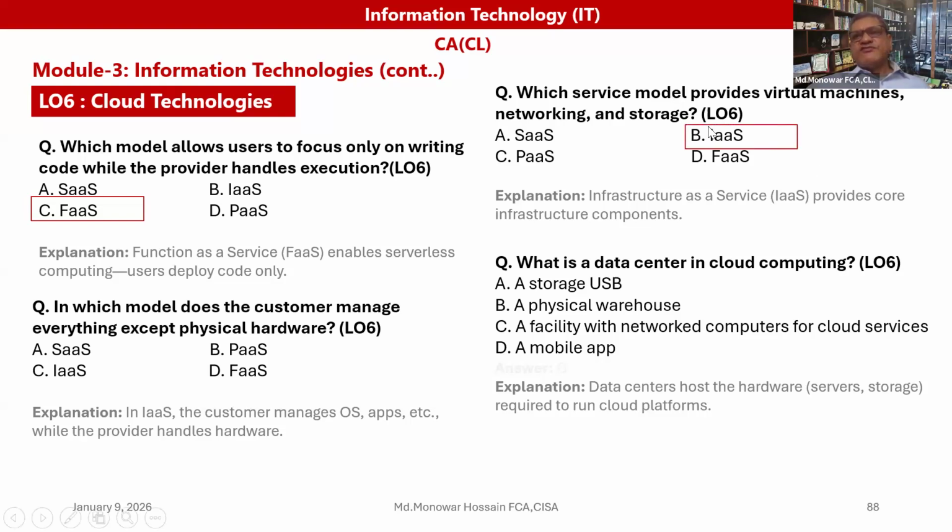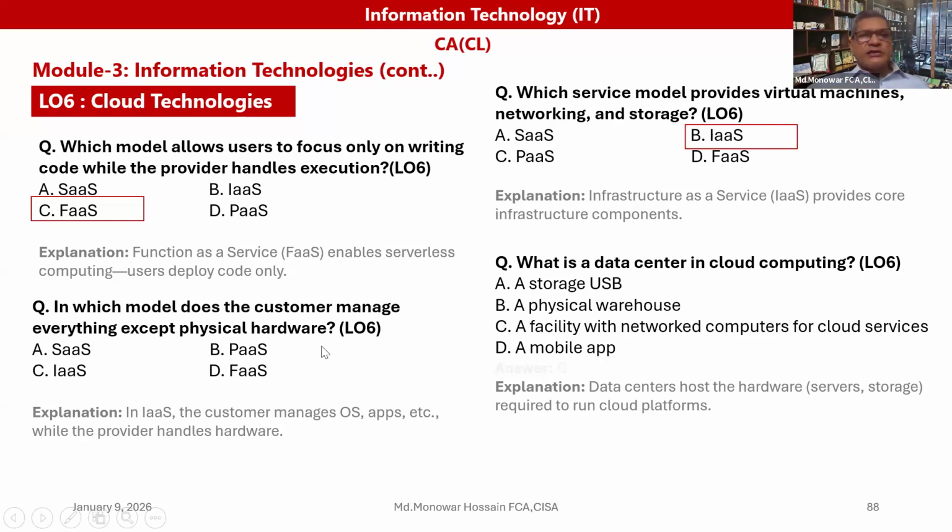Here, infrastructure as a service provides core infrastructure components. This model provides virtual machines, network and storage through the service provider.